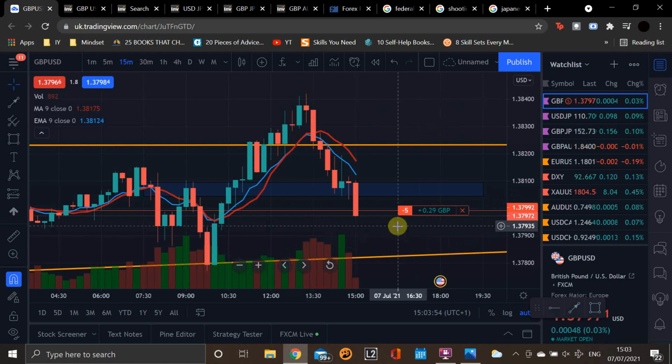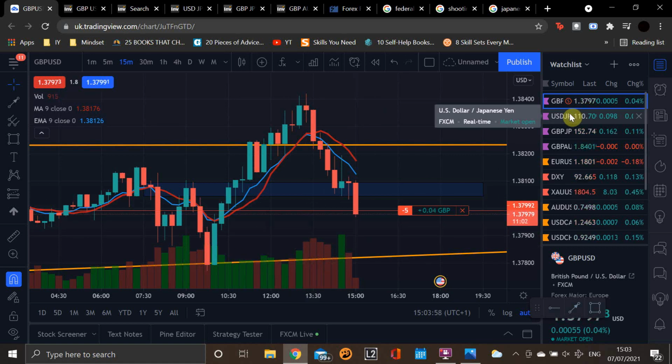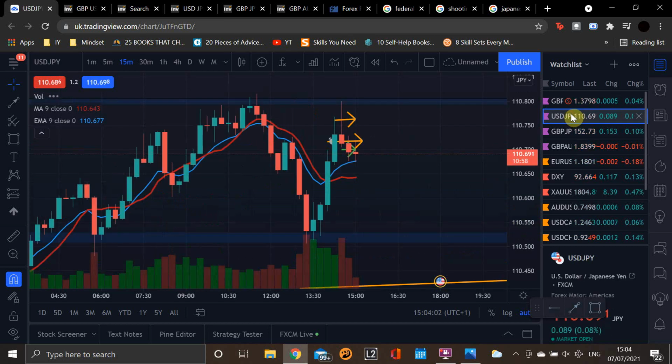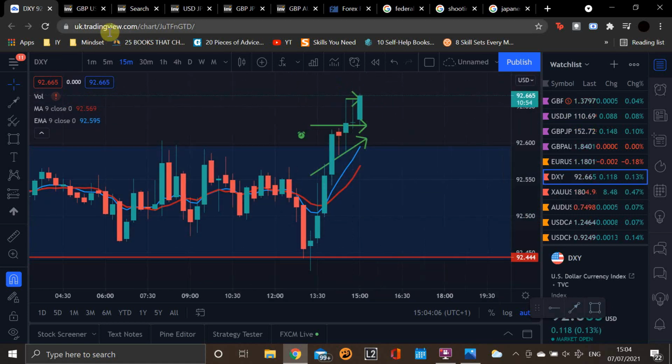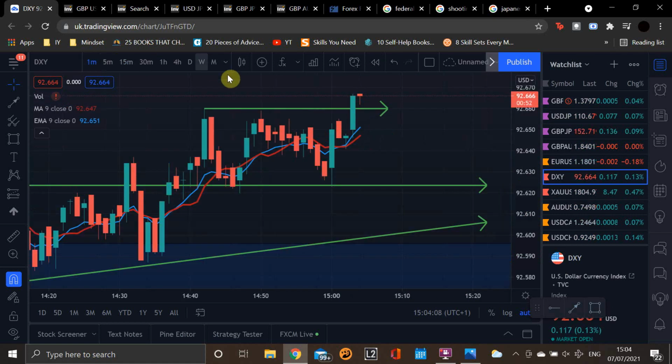GBP is very, very weak at the moment. For USD, you don't really want to bet against USD because look at that one. It's broken out again. It's going up gradually.